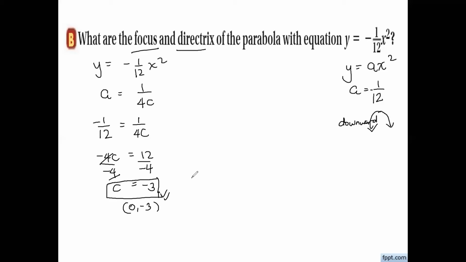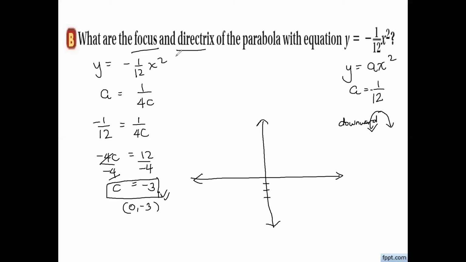Let's graph the parabola with the equation y equals negative 1 over 12 times x squared. We have the focus (0, negative 3), and it lies on the y-axis.